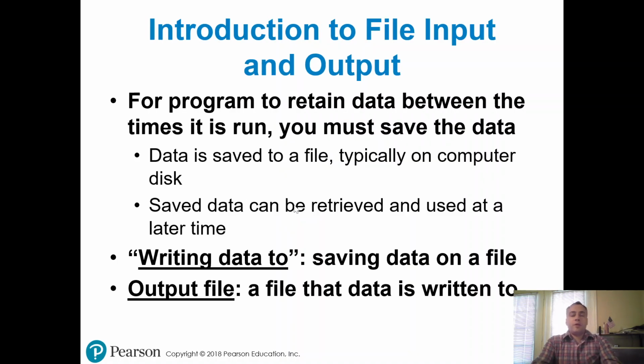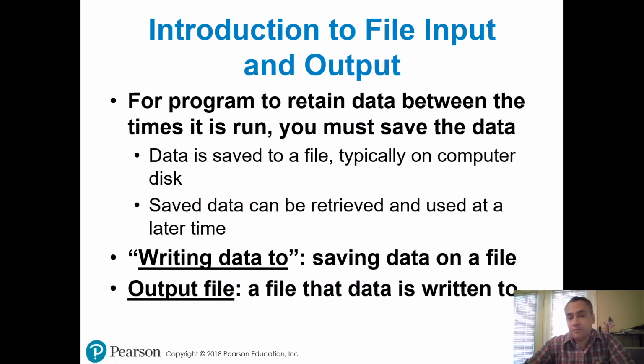Alright, so input and output. We want to write to a file, we want to append data to a file, and also we want to read from a file. So basically we need some way of communicating with a file.